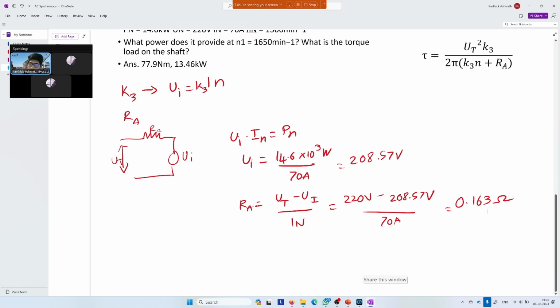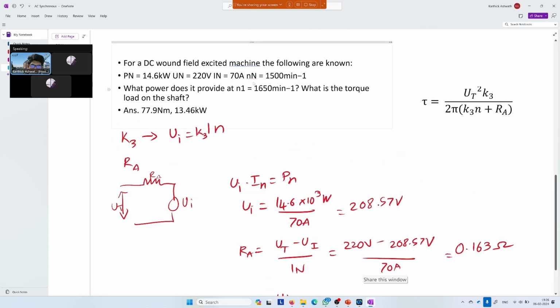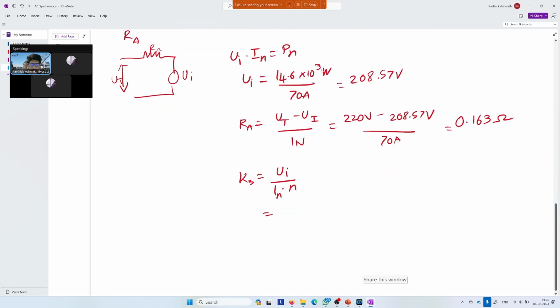Let us proceed further. We need the K3 term. Can you hear me? Yeah. So K3 equals UI divided by nominal current times nominal RPM. Nominal RPM is given to us, 1500.